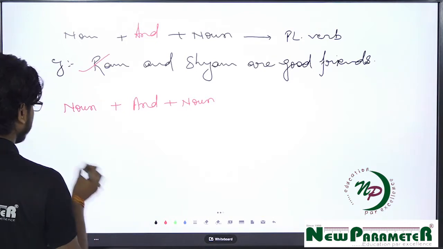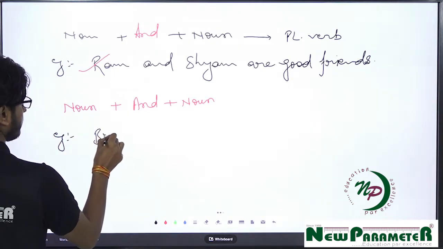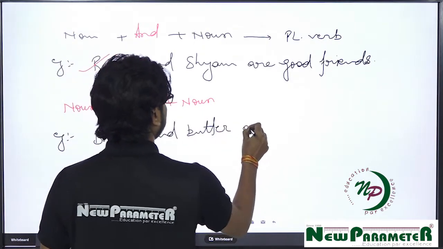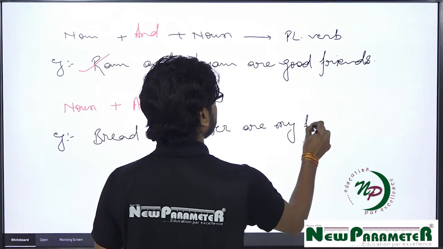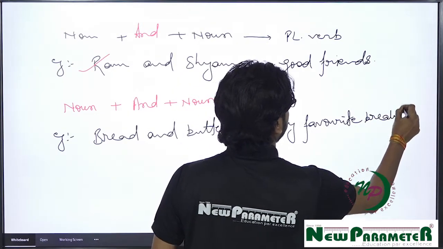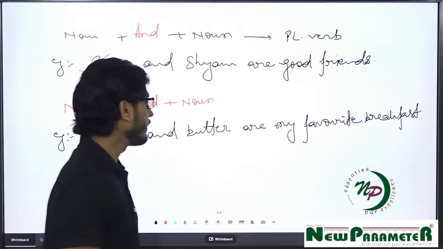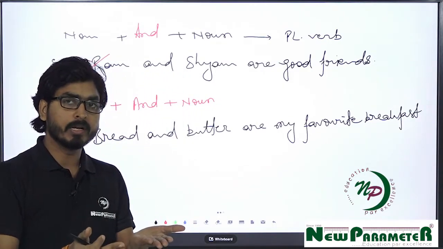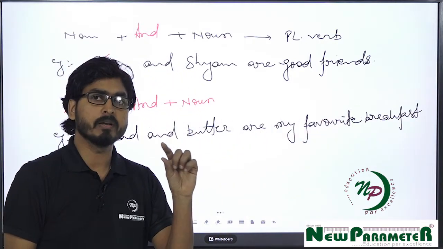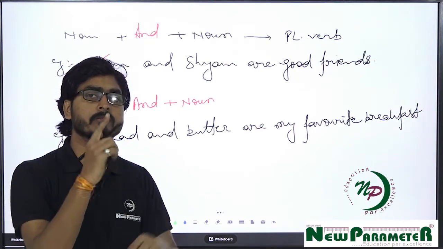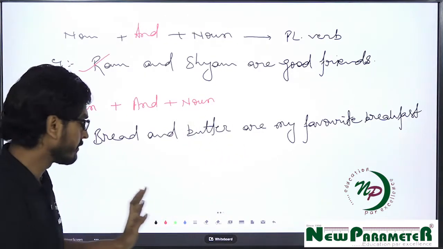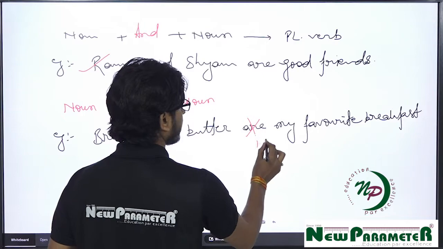Say, for example, bread and butter are my favorite breakfast. I know we put butter on bread. It means what? And it is my breakfast. Means we can say bread and butter, after combining these two, becomes a single unit. That's why we must put a singular verb, not a plural verb. So this sentence is wrong. I must use is here.